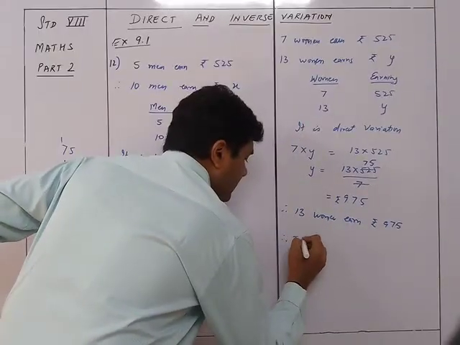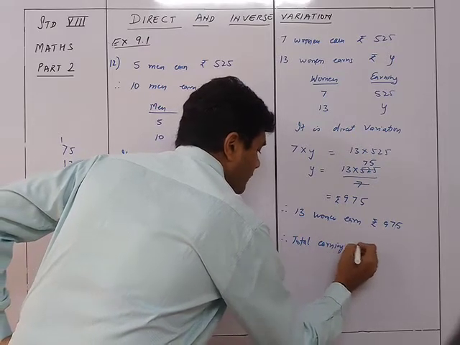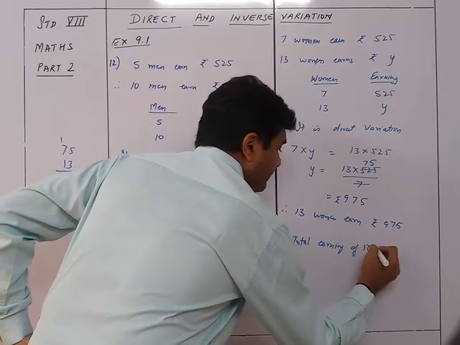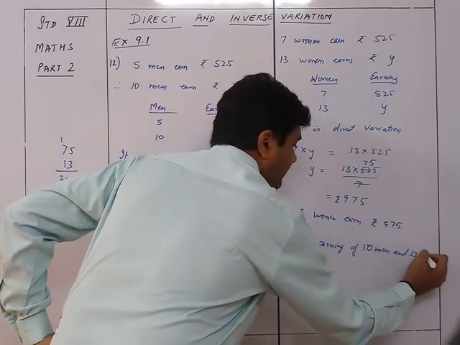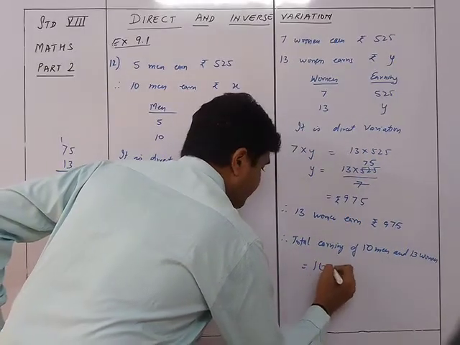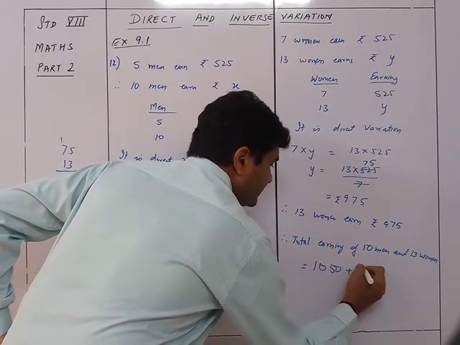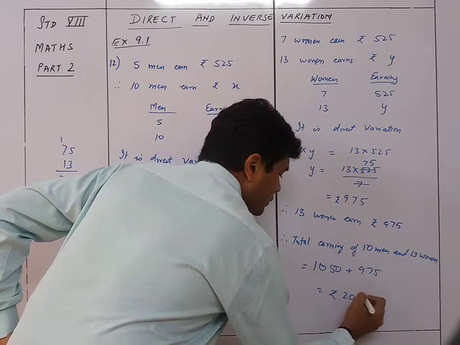Therefore, total earnings of 10 men and 13 women is equals to 1050 plus 975 is equals to rupees 2025.